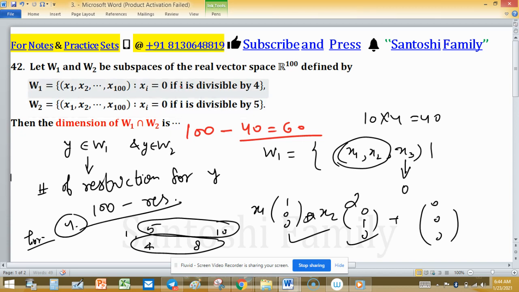Or you can take a common basis for W1 and W2. Also, if you approach it another way, the dimension of W1 is 75 and the dimension of W2 is 80. So there will be some numbers that are common, because i is divisible by 4 and 5, so 20 is a number divisible by both 4 and 5.